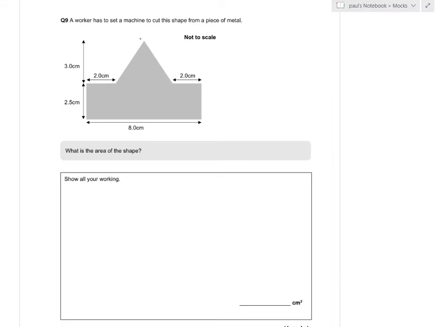A worker has to set a machine to cut the shape from the piece of material. What's the area of the shape? So we're going to do a triangle and a rectangle to work it out. So the rectangle is 2.5 times 8. 2.5 times 8 is 20. And the triangle is half base height, which equals a half times the base of the triangle.